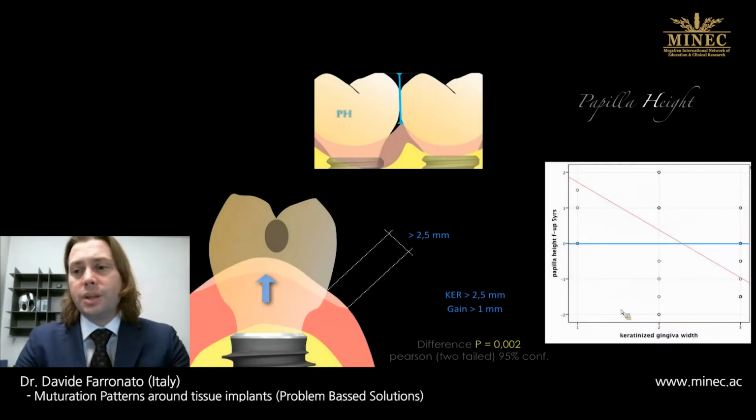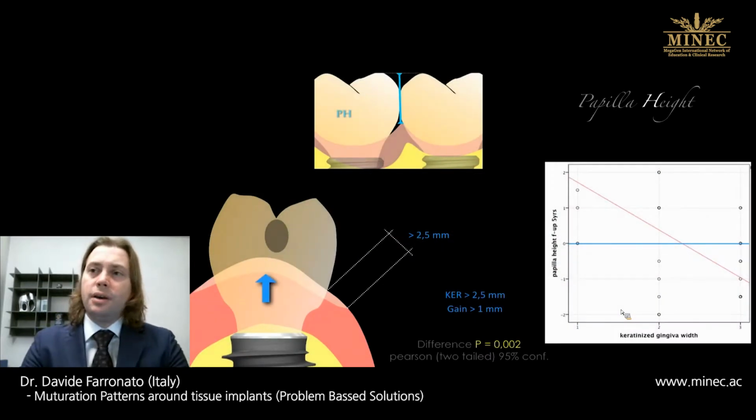Also, if you want to have extended papillas next to the implant, you need to have keratinized mucosa around the implant. Not only because it's easier to keep clean and lowers the incidence of periimplantitis, but also because keratinized mucosa next to the implant increases the blood supply to the papilla.